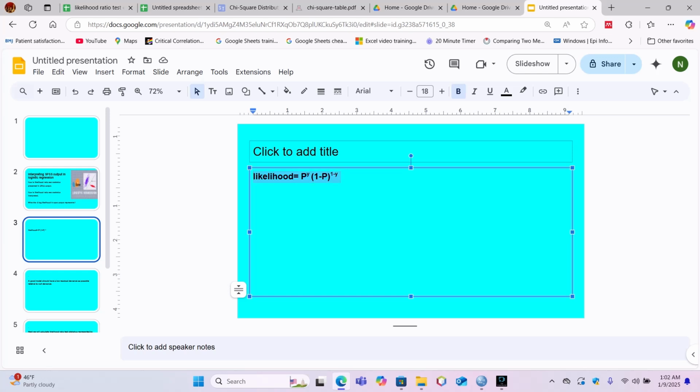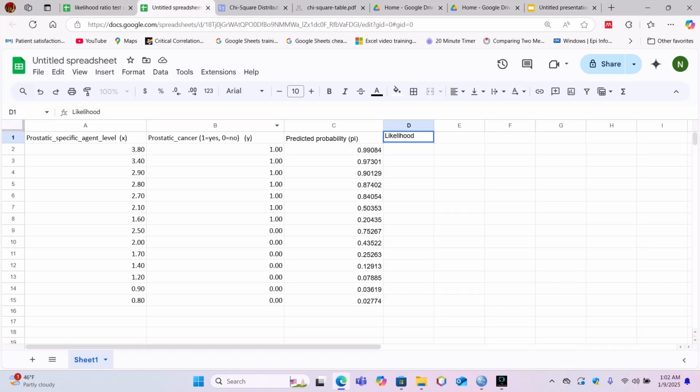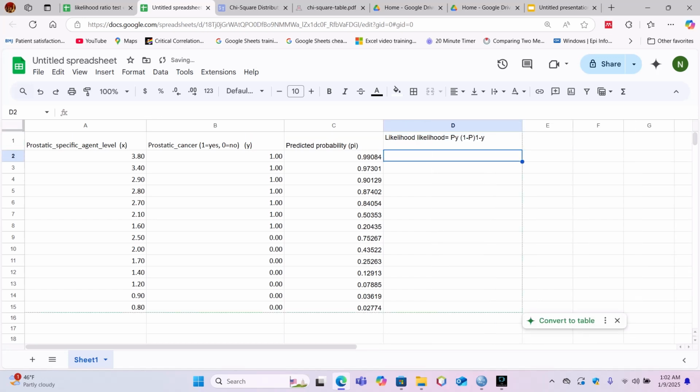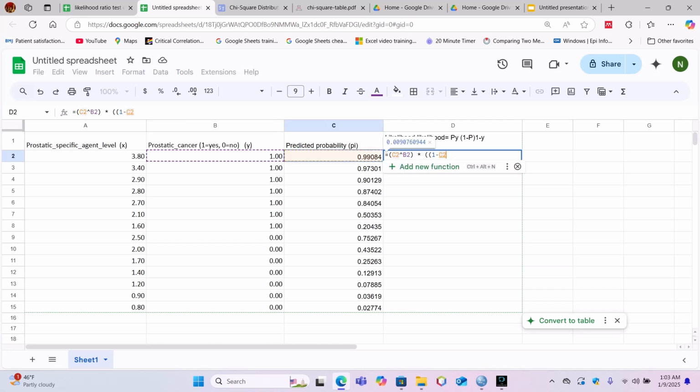So we'll copy this likelihood formula and use it to calculate the likelihood: probability raised to y, multiplied by 1 minus probability raised to 1 minus y.